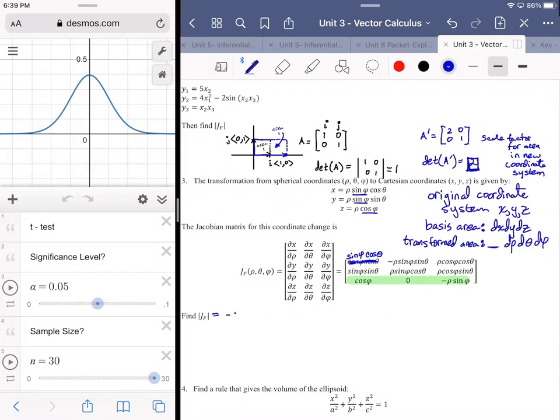So I have -1 to the 3 plus 1. We're going to use cofactor expansion. Row 3, column 1 times the cosine of phi times the determinant of the matrix that remains when you remove the row and column containing the cosine of phi.